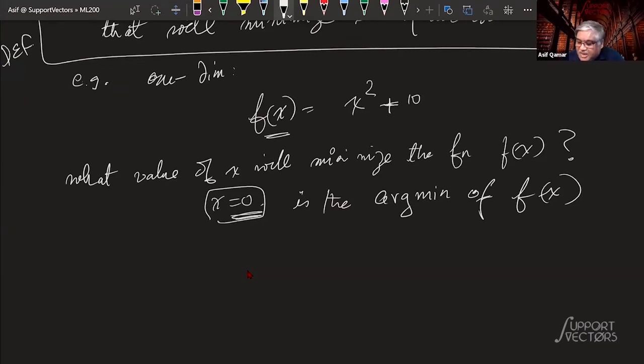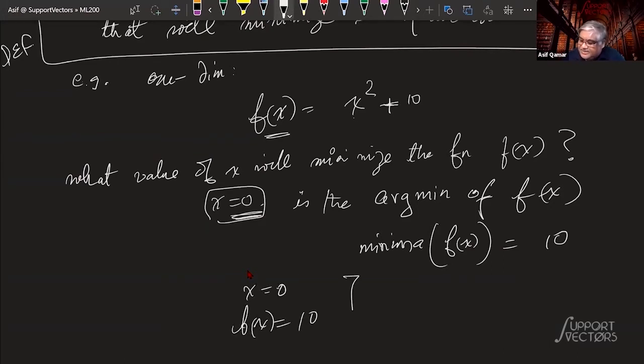But the minima of the function, f(x), is what? That will be equal to 10, because if you put x equal to 0, it will be 10. So the point x equal to 0, f(x) equal to 10 represents your minima.